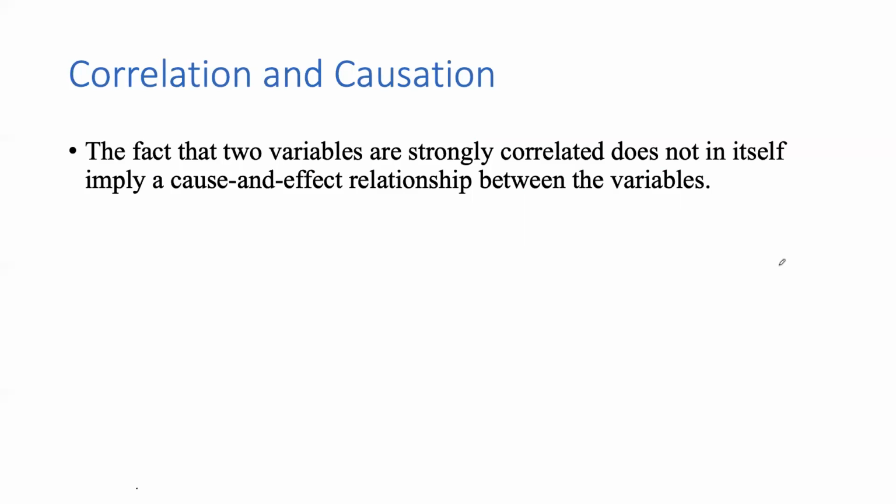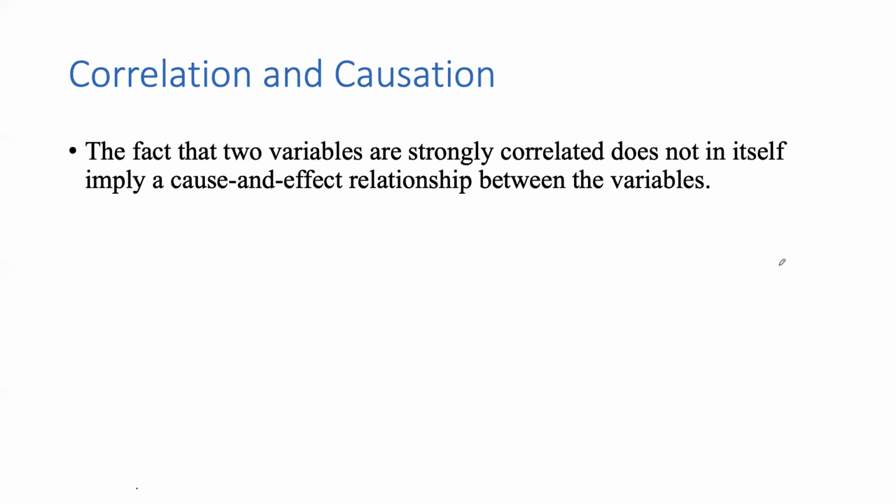Just because two variables are correlated with each other, which is to say when one moves, the other seems to move along with it, it doesn't mean that the change in one variable is causing the change in the other one. Correlation is not the same as causation. We can't use this method to establish cause and effect relationships. We can merely come to the conclusion that these two variables are related in some way.